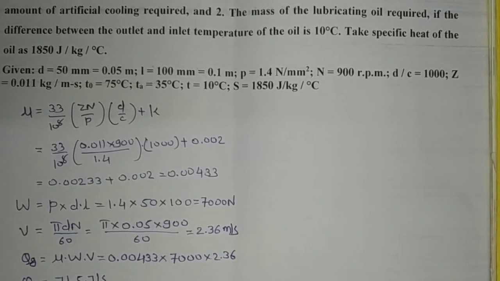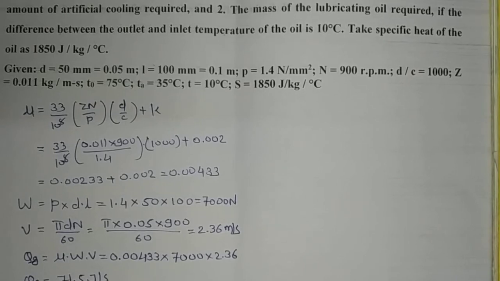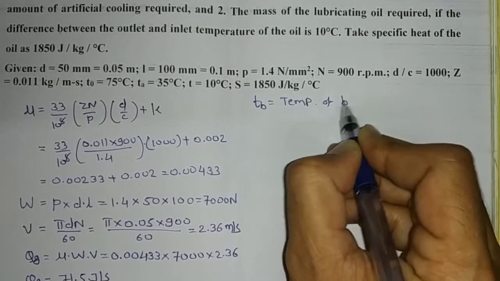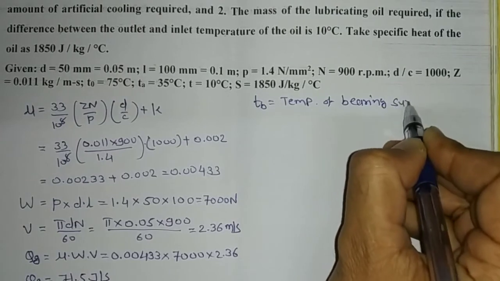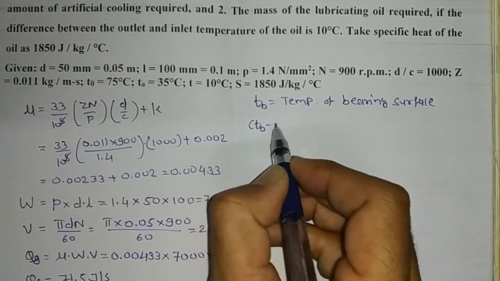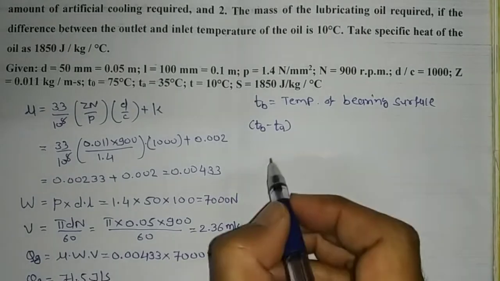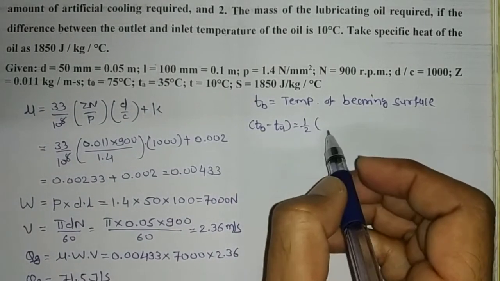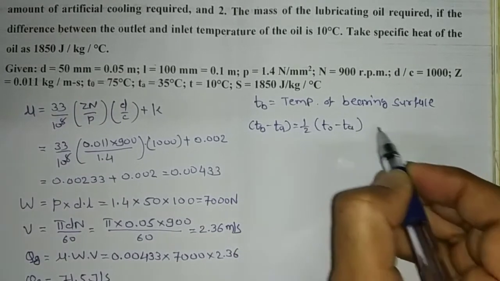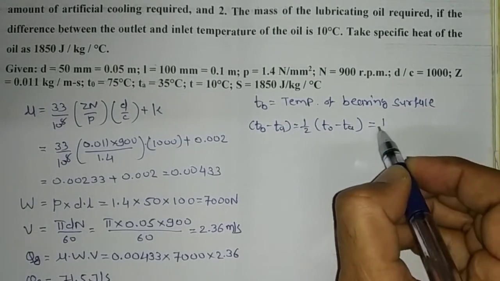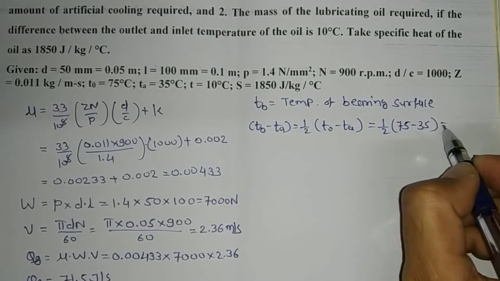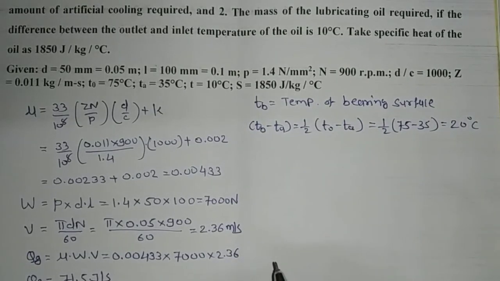Now, if TB is the temperature of the bearing surface, we can say TB minus TA is equal to 1 by 2 into (TO minus TA), which is equal to 1 by 2 into (75 minus 35), which is equal to 20 degree centigrade.